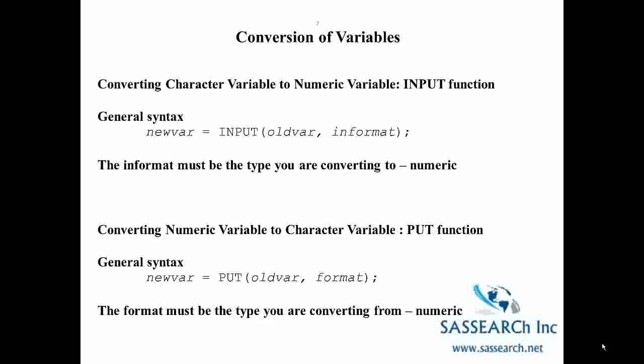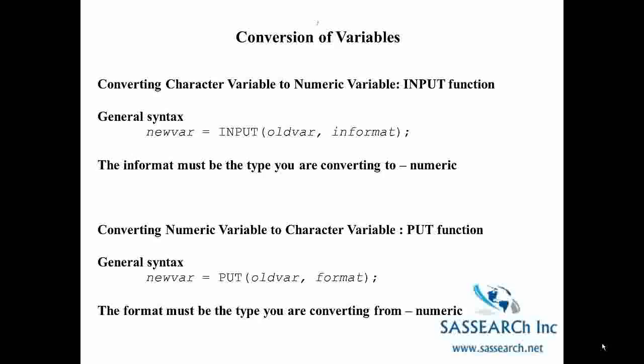On the other hand, you can also convert a numeric variable to a character variable using the put function. And this can happen sometimes if you had a variable such as age group equals 1. Now I know with age group equals 1, you could create a format, and so that when you used a procedure and it had the format, then age group would have a label to it. But let's say you wanted to actually create a character string. You wanted to create a new variable that was a character string instead of the code 1.